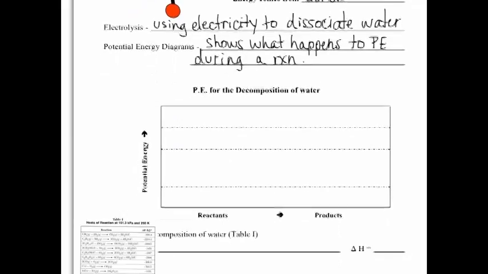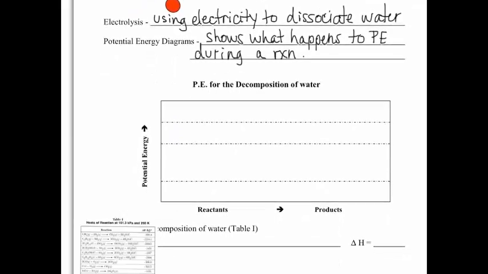So here is the general structure for a potential energy diagram. Those dashed lines, they aren't really significant. We're going to use them so that everybody has the same type of diagram, but you're not always going to have lines in your diagram. This is a general trend. On the exam, you may actually see values associated with the y-axis, but for this, we're just going to do a general trend.